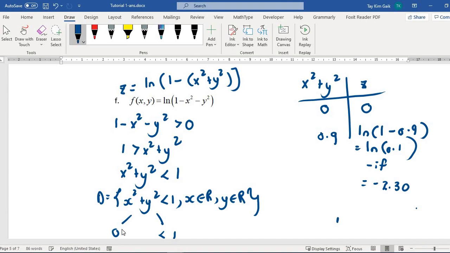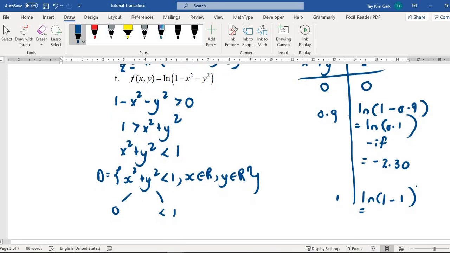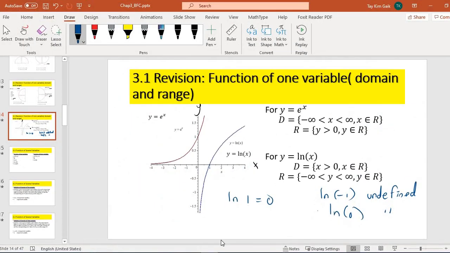If you put exactly equal to 1, but we know it is actually less than 1, let's see what happens. Ln(1 minus 1), ln 0. Ln 0 actually goes to negative infinity. When it approaches 0, the ln value approaches negative infinity.